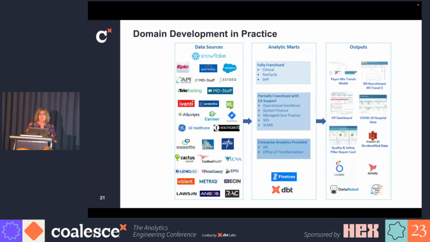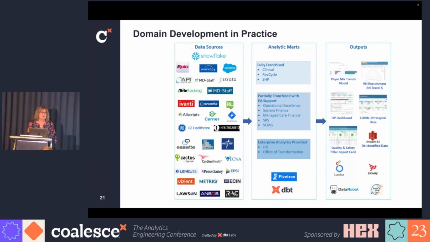We're building analytic marts, grouped by different levels, as on that other slide. Consider it almost like a restaurant franchise: we have fully franchised teams like our clinical effectiveness team, RevCycle, and Sharp Health Plan that are doing DBT development. They're working all the way across the analytics stack.